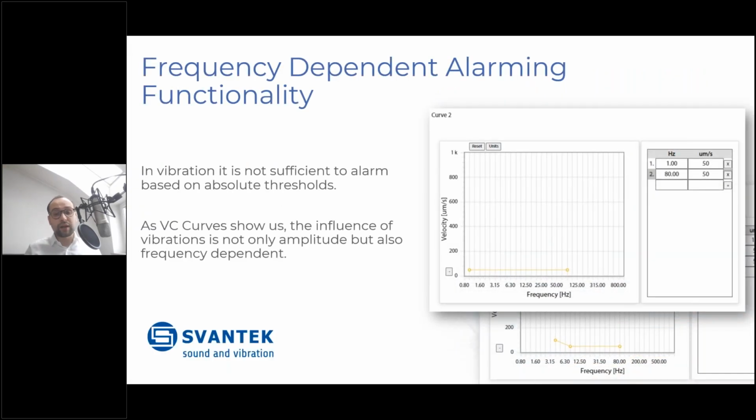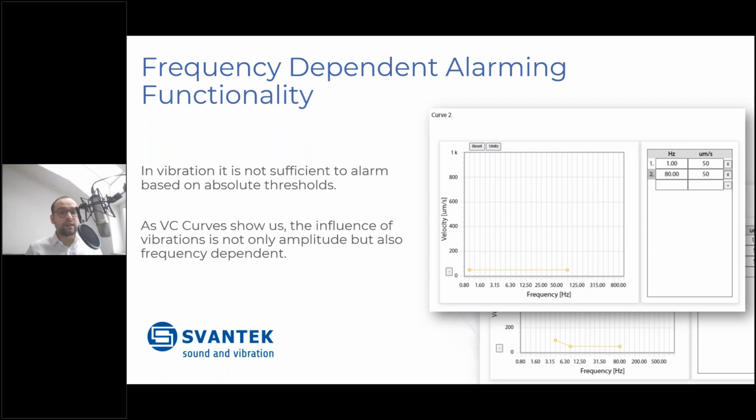Number two is something that we're talking about in this presentation, and this is the clear need to be able to have a frequency dependent alarming functionality. This means that it's no longer enough to just look at absolute levels, absolute thresholds. You need to be able to change those in the frequency domain.